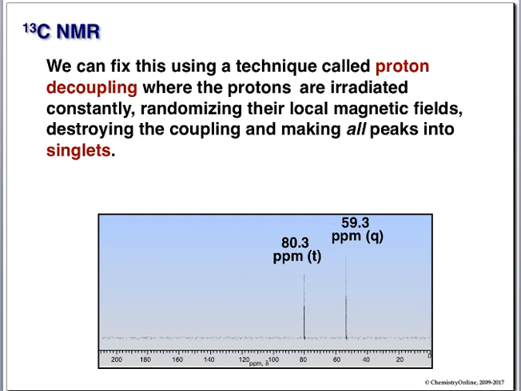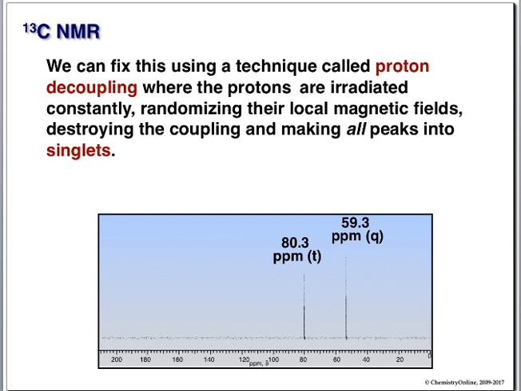So you take your sample and with one transmitter you blast it with a broad spectrum frequency for the protons. That just sends the protons nuts. They go up and down really, really fast. Because of that, it wipes out their contribution for the splitting. All you see now is the carbon.